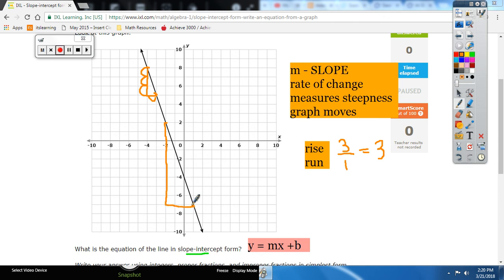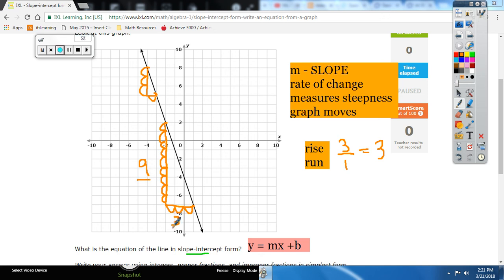So I count this way: 1, 2, 3, 4, 5, 6, 7, 8, 9. So 9 this way. How many this way? 1, 2, 3.